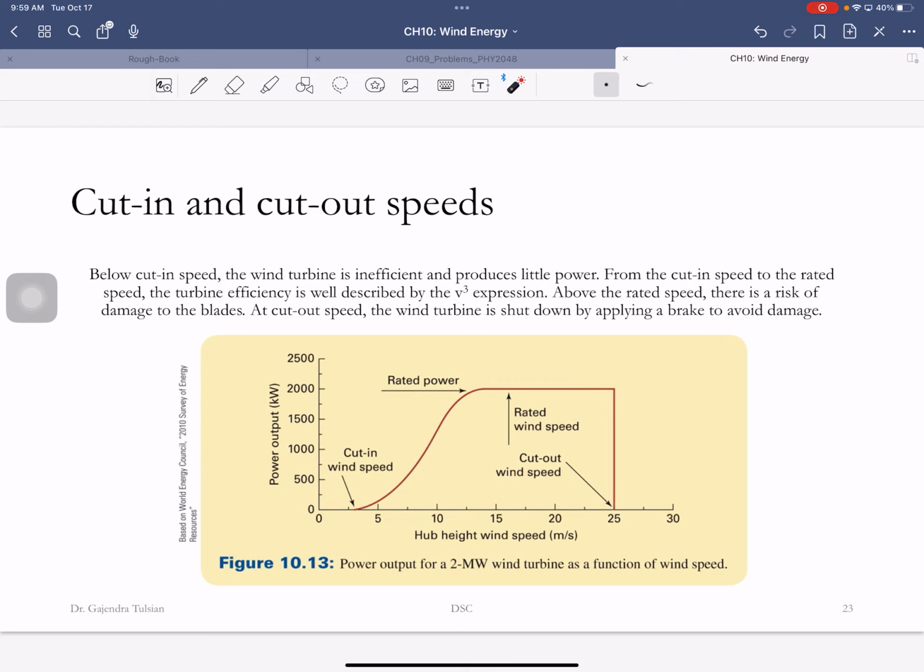Ask your question again. Is it determined by the angle of the blade? Does it work like a propeller in a plane, capturing air going past it? Yeah, it's like a propeller in a plane.